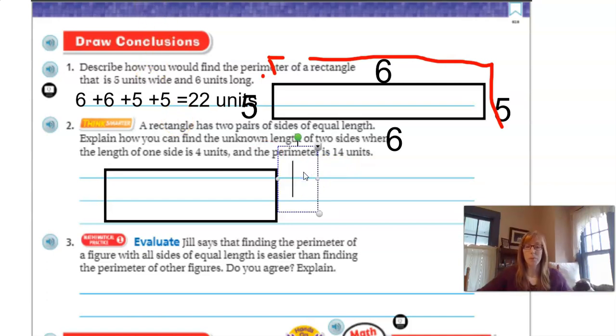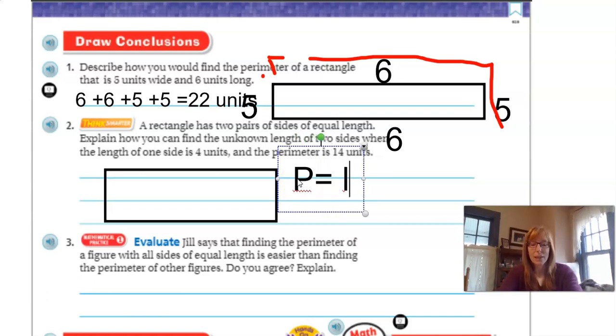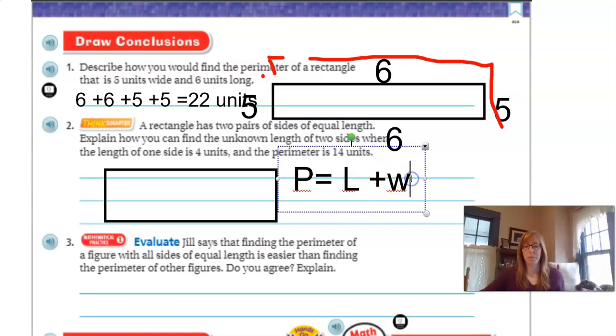So perimeter, and I'm going to just do a capital P for perimeter, equals length plus width. Okay, would you all agree with that? Let me make that a capital L. Length plus width. Okay?